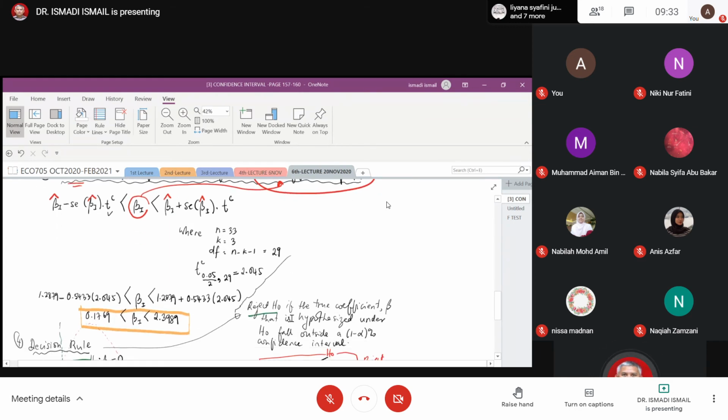After that, you substitute all the values in the formula and you will get the 95% confidence interval. And remember that this is the true coefficient.